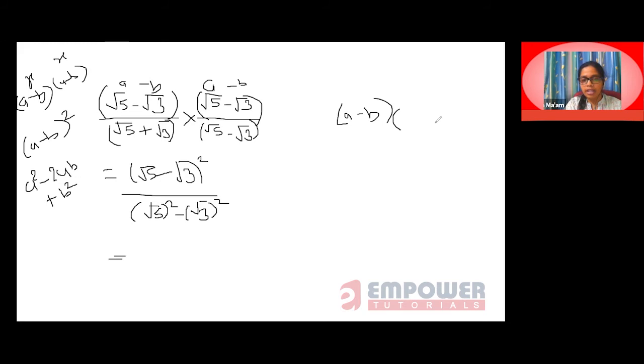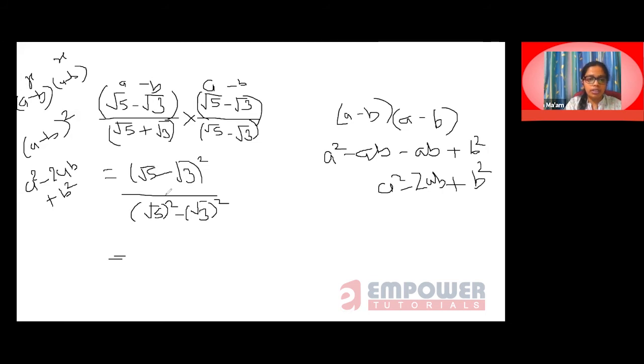Minus a into minus b will be minus ab. Again a into minus b into a will be minus ab. Minus b into minus b will be plus b square. So I will get a square minus 2ab plus b square, right? So this is how you have to solve this.